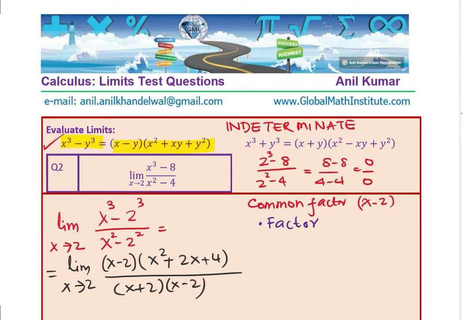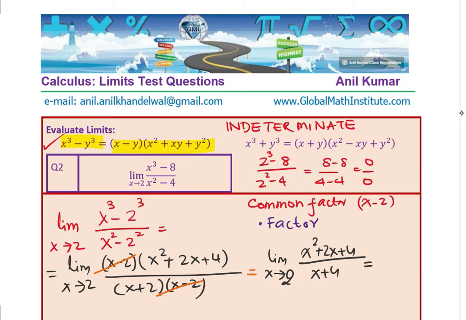And as you can see, x minus 2 cancels, and therefore we have an expression in which now if we substitute x equals 2, we may not get 0 over 0, right? So substituting 2 in x squared plus 2x plus 4 over x plus 2 may give us the result. Perfect. Let's try it out.